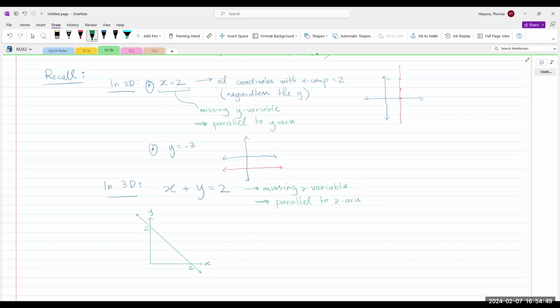Now, imagine that if we extend that to 3 dimensions, then our z-axis will be here coming to us, right? Okay. So imagine you copy this line, x plus y equals 2, you copy this line parallel to the z-axis. Let's try.